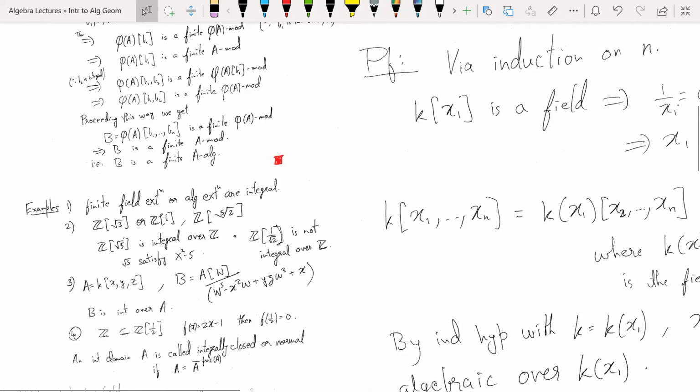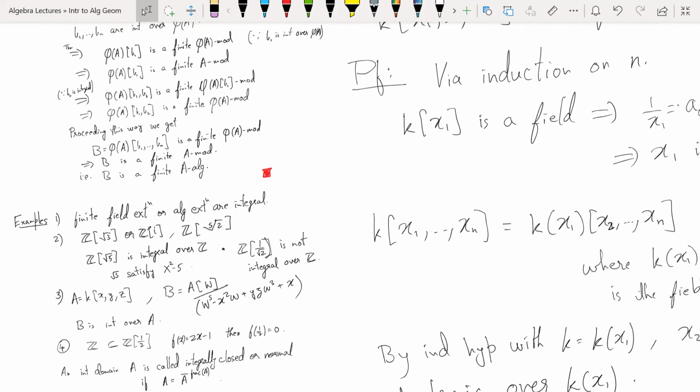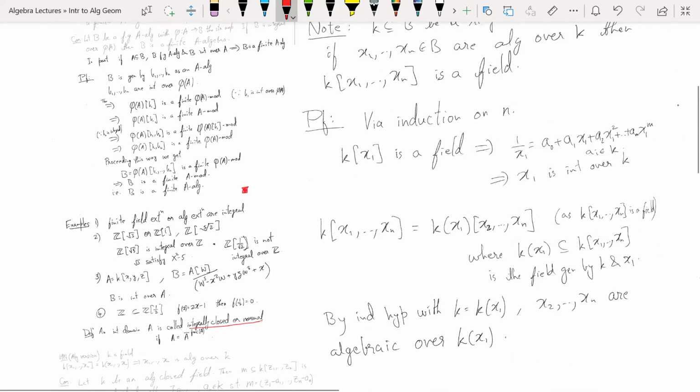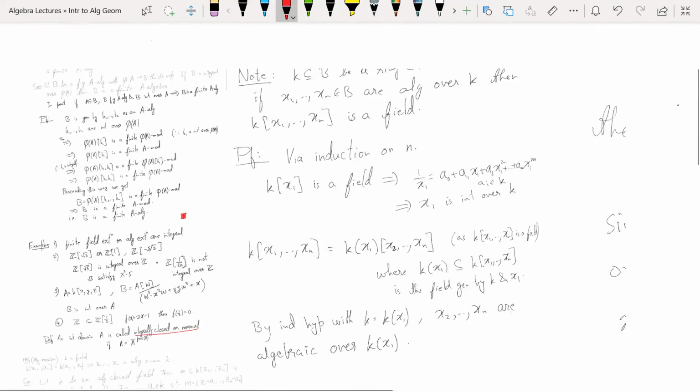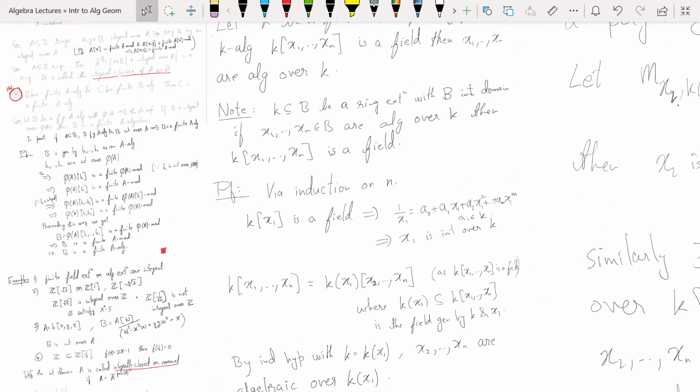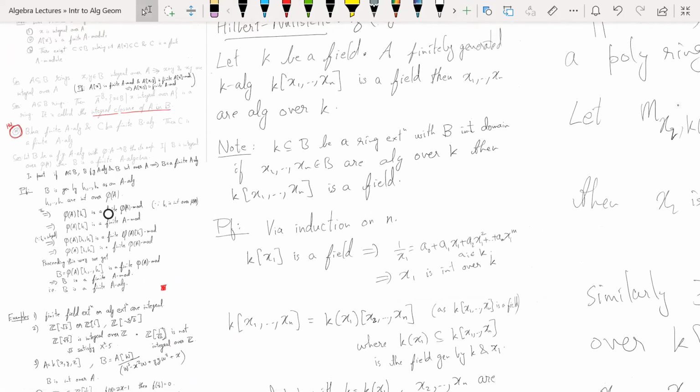That's enough examples and discussion. So maybe this was the definition. Integrally closed, you have to learn in algebraic number theory.